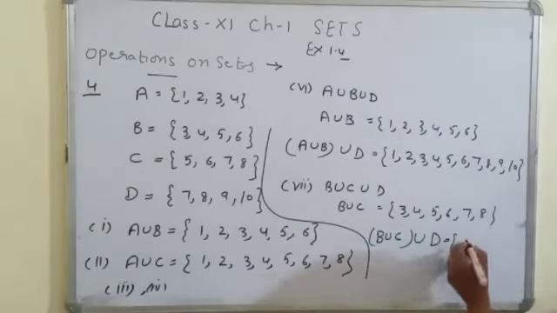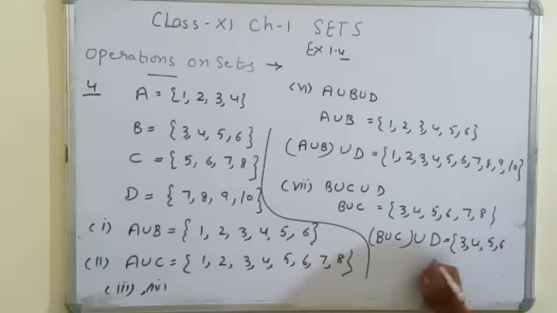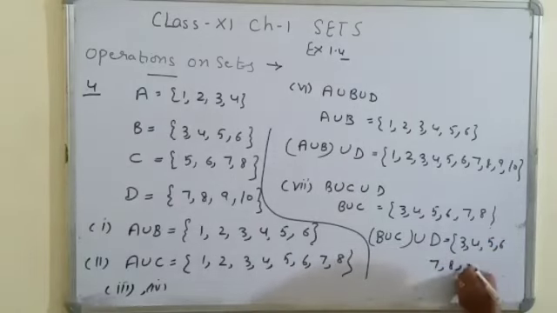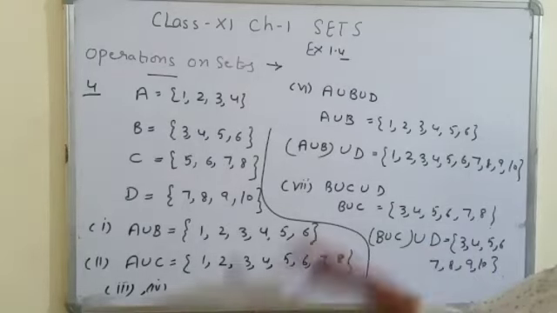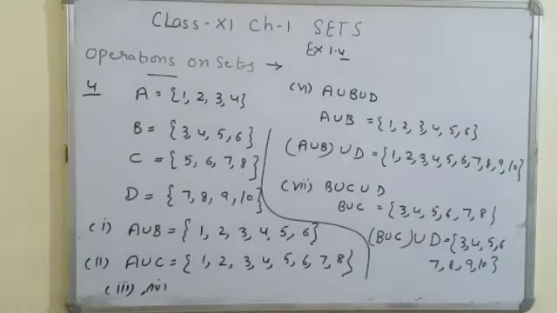So the set for this is 3, 4, 5, 6, 7, 8, 9, 10. Now, this is the way in which we can write the union of two or three sets. After this question, we will discuss the operations on sets for intersection. After the union of sets, we will discuss the intersection of two sets.